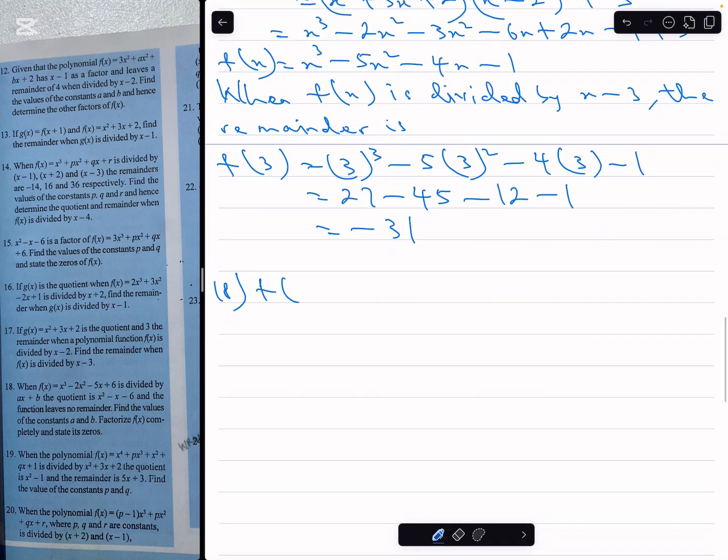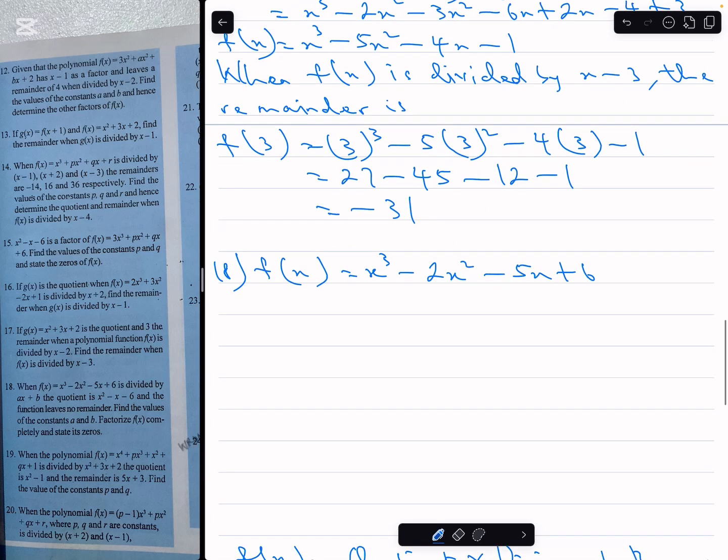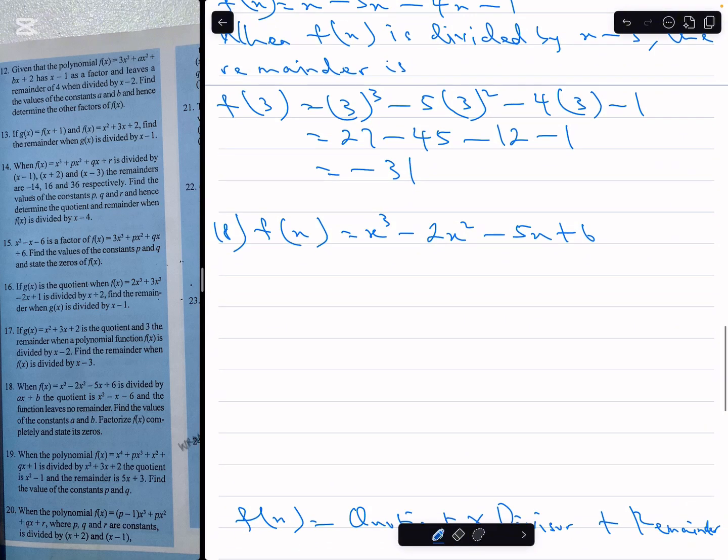First of all, f of x is equal to x cubed minus 2x squared minus 5x plus 6. When we divide it by ax plus b, the quotient is x squared minus x minus 6, and there is no remainder.